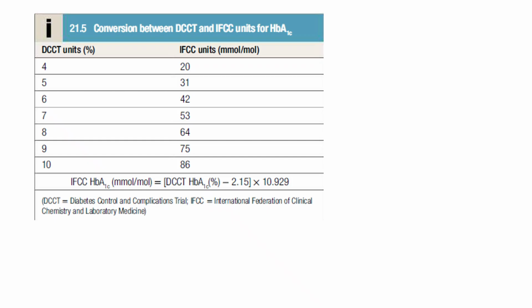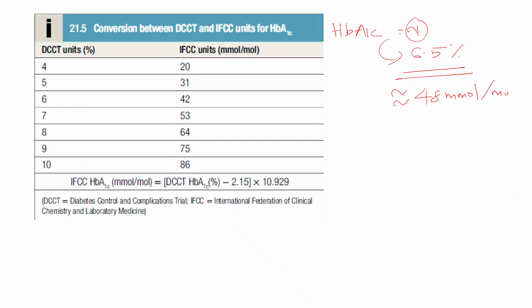The normal value of HbA1c comes around 6.5%. So the patient's HbA1c should be less than or equal to 6.5%, which comes in millimole around 48 millimole per mole.